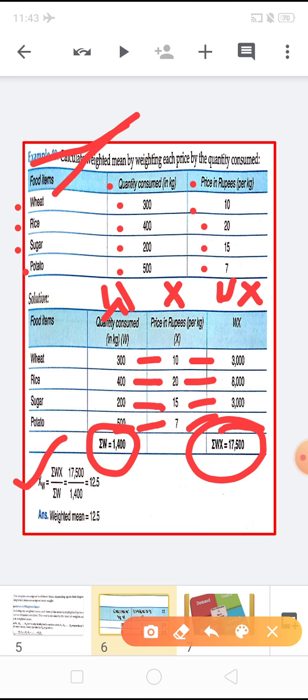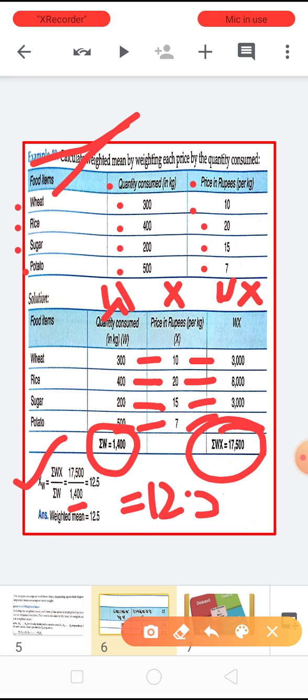X bar, the weighted arithmetic mean, equals sigma wx divided by sigma w. By putting in the values, we get 17500 divided by 1400, which equals 12.5. So this 12.5 is the weighted arithmetic mean.